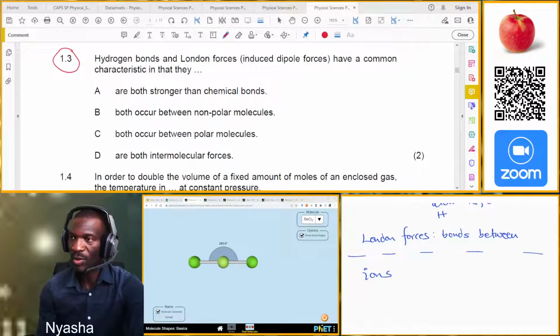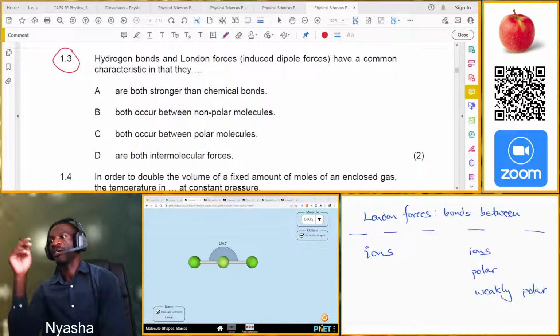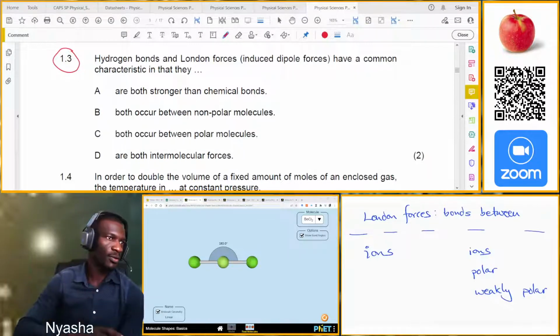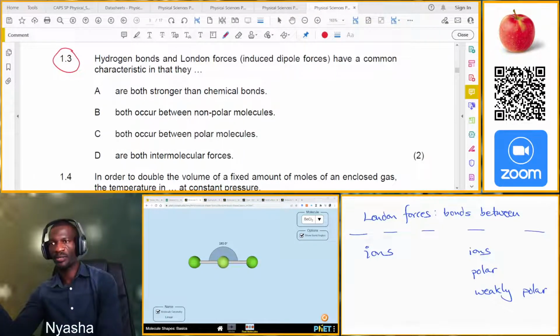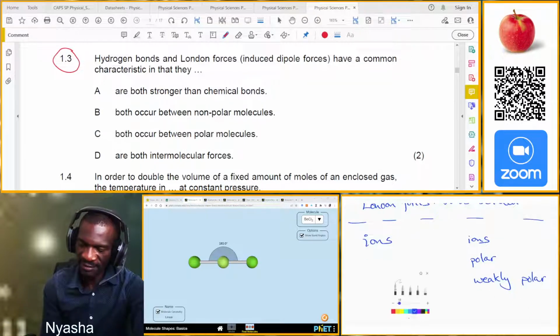Ions can bond with ions, isn't it? Ions can bond with polar molecules or weakly polar molecules.